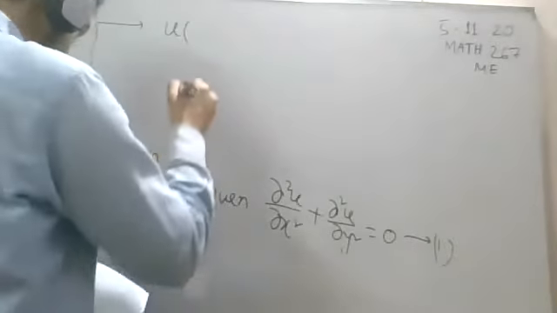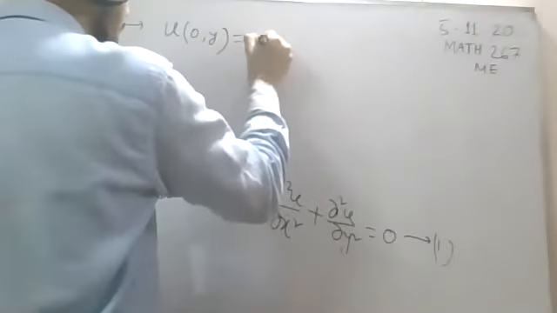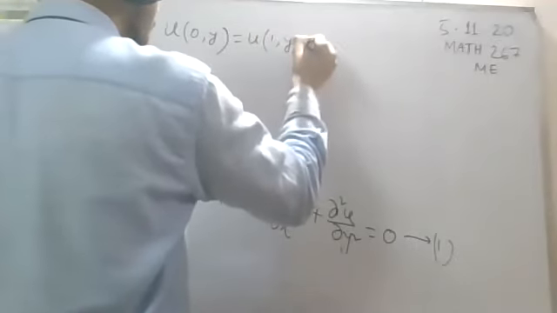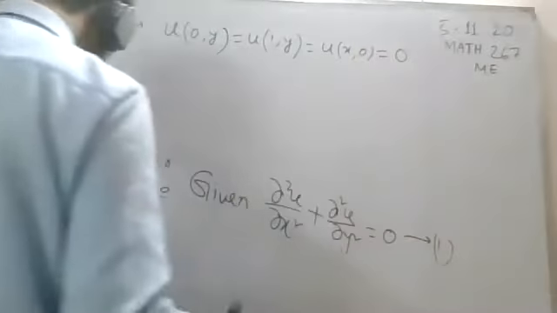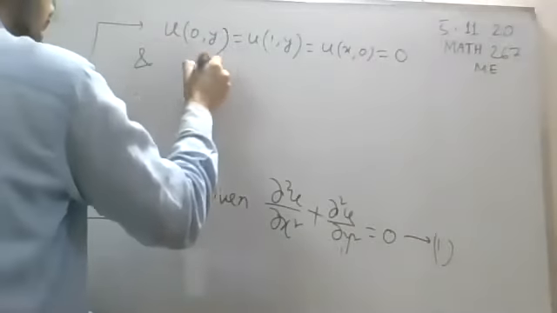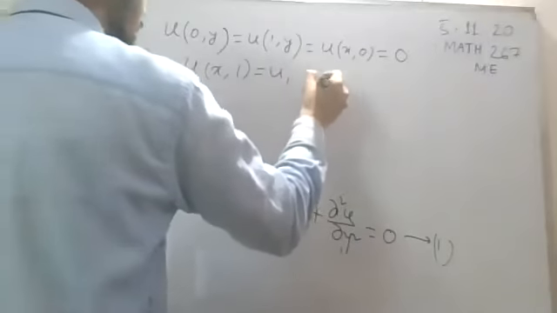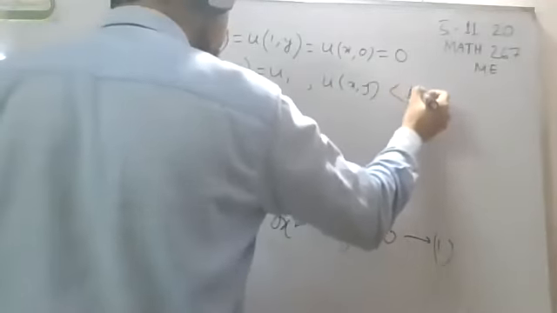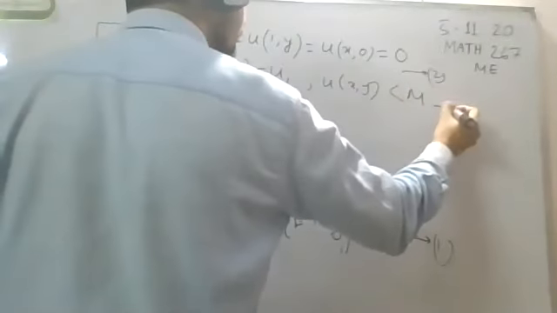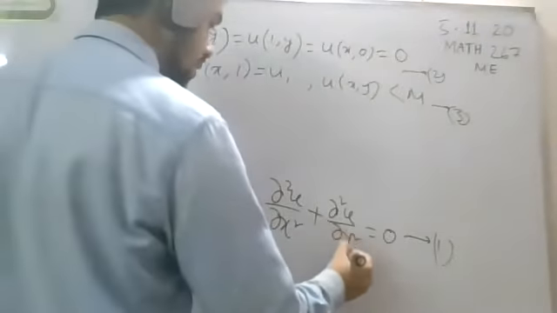The conditions are u(0, y), sorry, u(1, y) equals u(x, 0) equals 0, and also u(x, 1) equals u1, u(x, y). So this is equation 2 and this is equation 3. Okay, equations 1, 2 and 3.